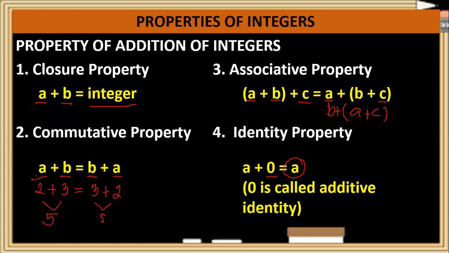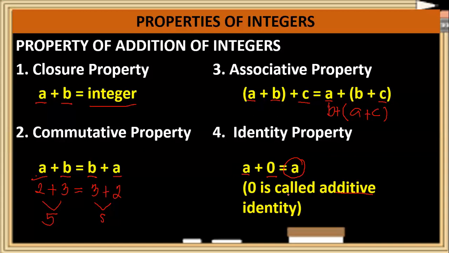So, in this case, 0 is called the additive identity. Hindi magbabago ang value ni A kung i-add natin si 0. Whatever A represents, kahit anong integer yan, it will always give us that same integer kung i-add natin si 0.